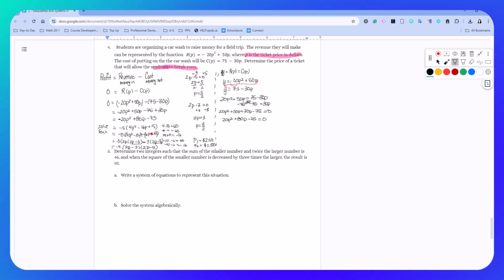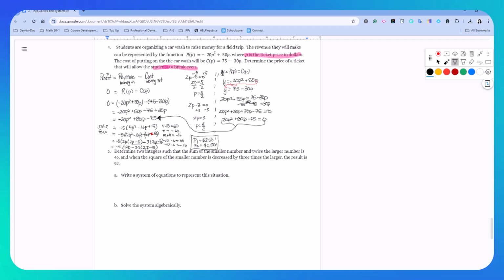Well, look at what we got. So by thinking of it as a system of equations, we still ended up with the same quadratic that we had to solve. And I won't go through all this work again, but now we have the same two final solutions. So let's verify this.